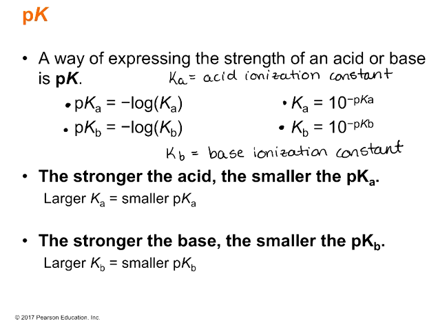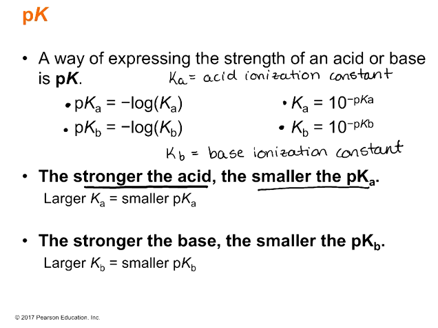Now, what do these values actually mean? If you have a strong acid, the value of pKa will be really small. Keep in mind that Ka and pKa are almost inversely related to each other.